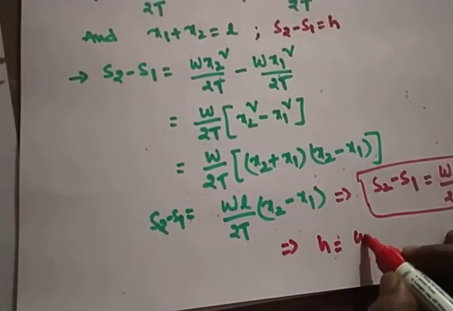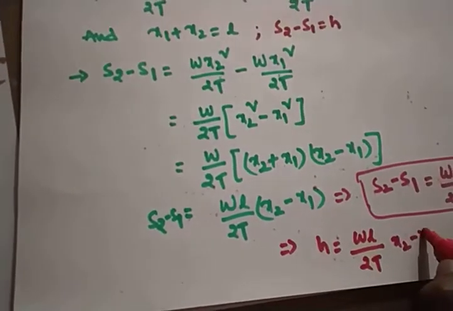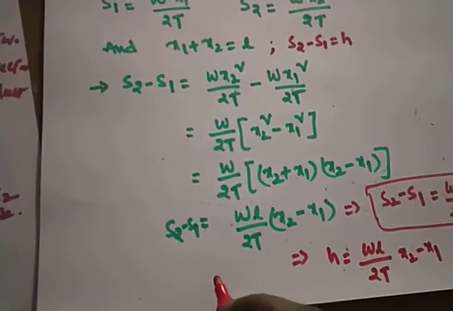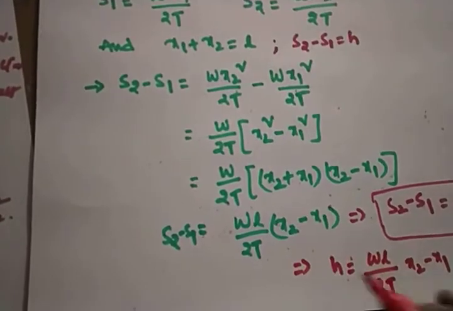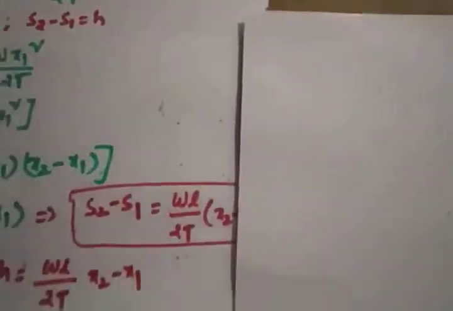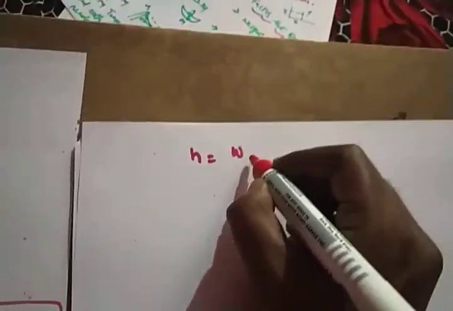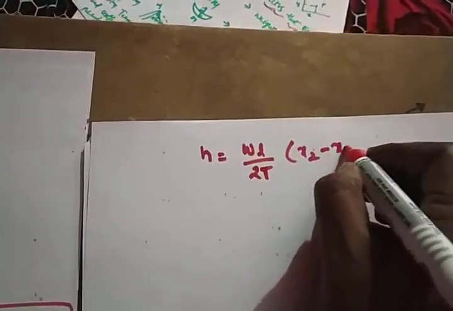H is equal to W L by 2T into x2 minus x1.